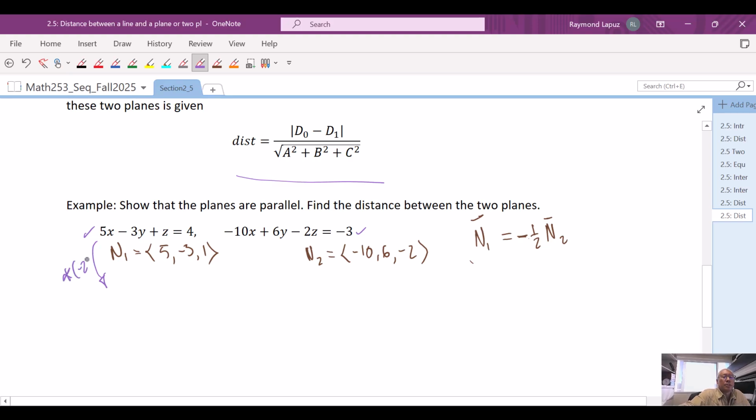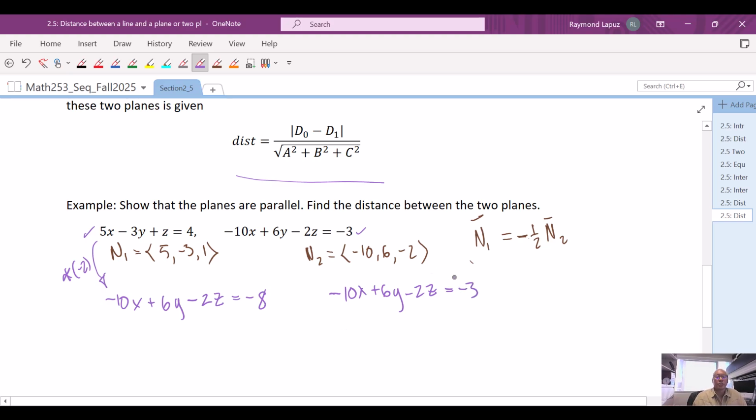Then this will give me -10x plus 6y minus 2z is equal to, and importantly, multiply the old d into a new d, and that's going to be -8. And then our second plane is -10x plus 6y minus 2z. You can see that they have exactly the same normal now, is equal to -3.